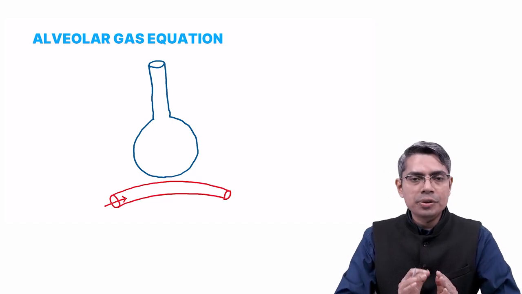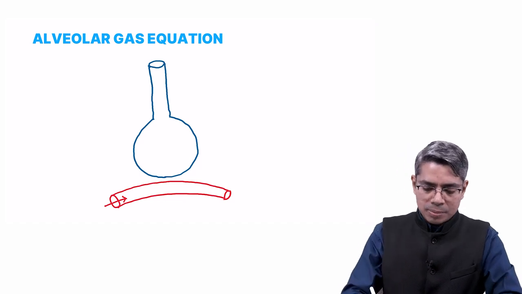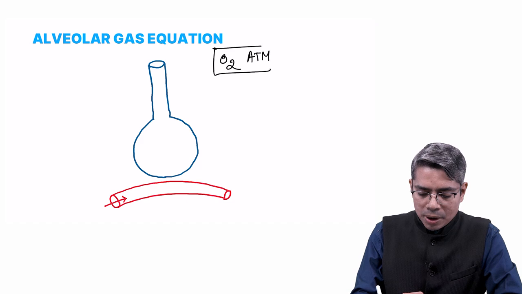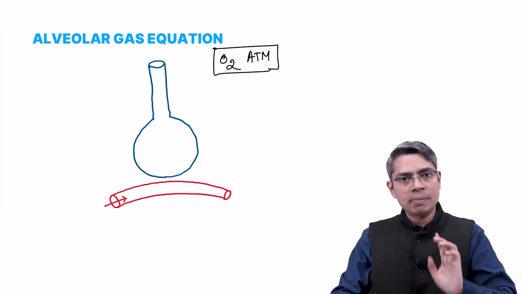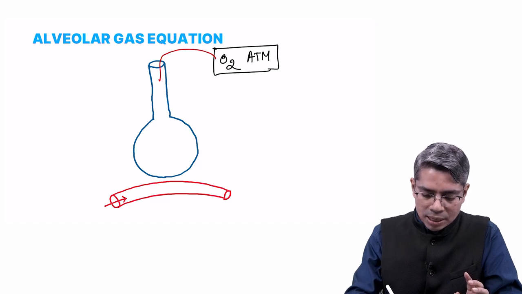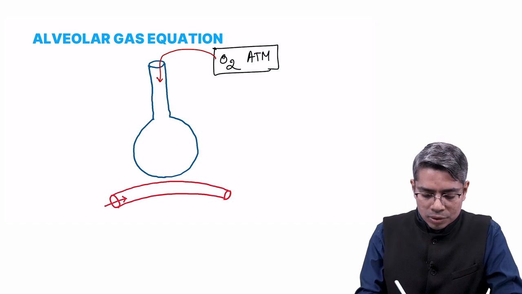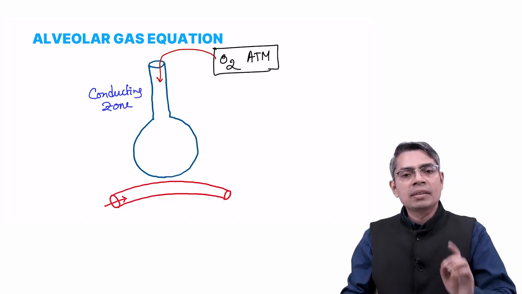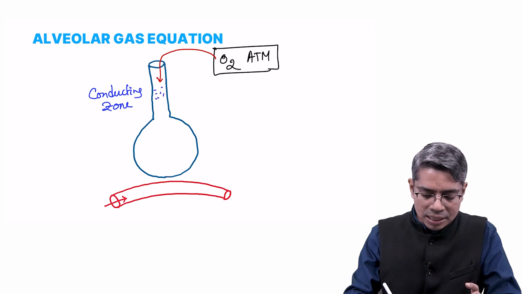So what we are going to do here, I will first explain. First of all, whenever you are inhaling oxygen from the atmosphere, you have to understand what is the partial pressure of oxygen at the level of atmospheric air. Then whenever you inhale oxygen inside your lung, particularly when it is going through the conducting zone of the lung, there will be certain changes at the level of this conducting zone.